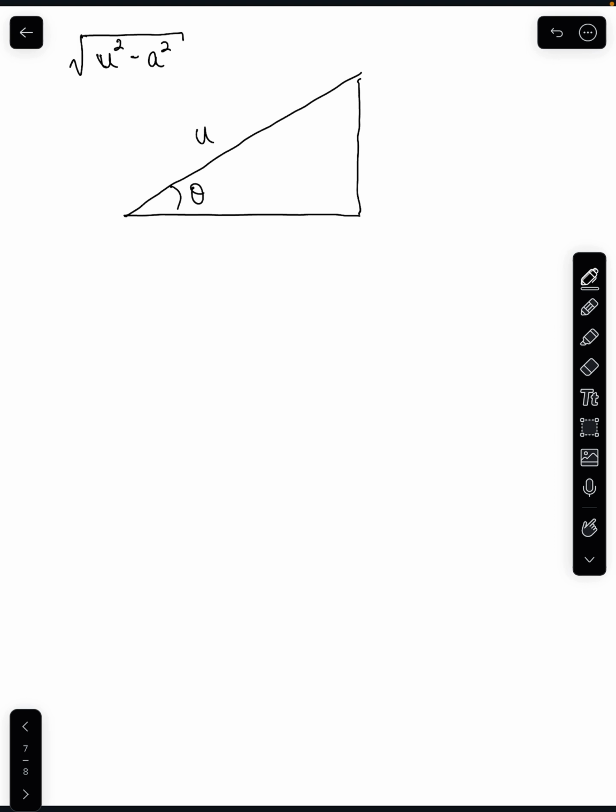The a can be either side, but by convention it is typically used as the adjacent side, so that the Pythagorean theorem would yield the square root of u squared minus a squared for the opposite side. This would allow us to use the substitution that secant theta is equal to u over a, hypotenuse over adjacent, which can, if need be, be modified to secant theta is equal to u.